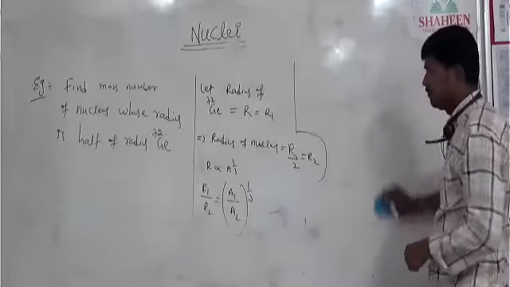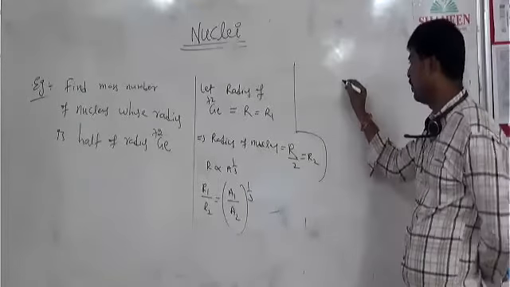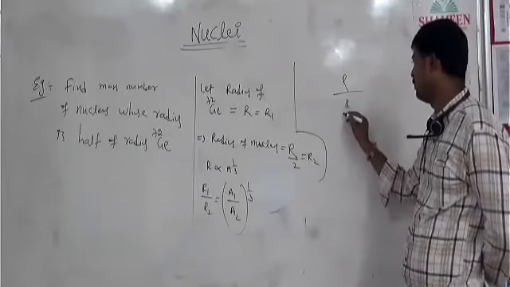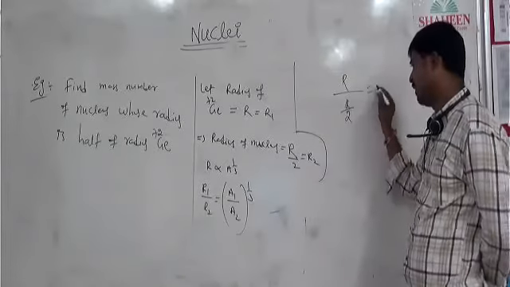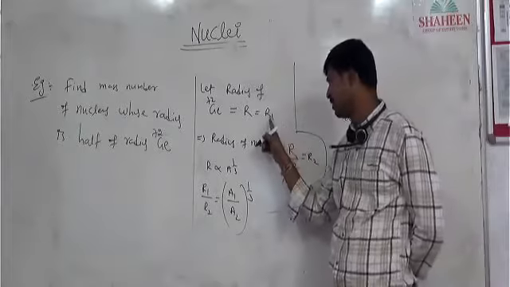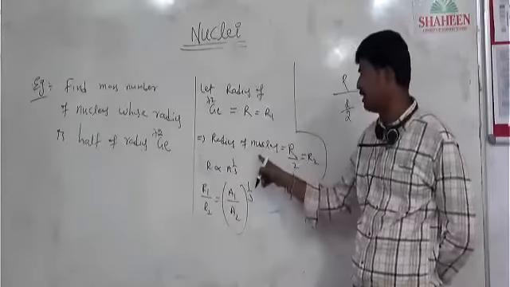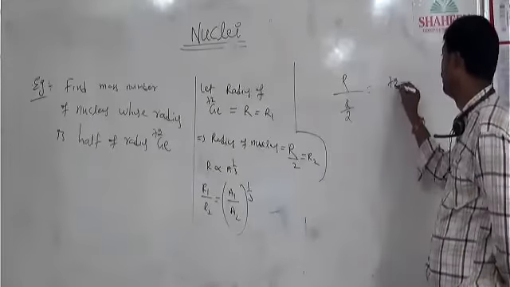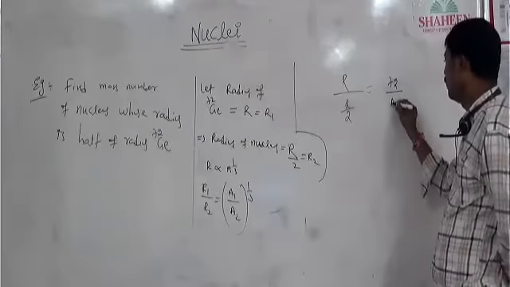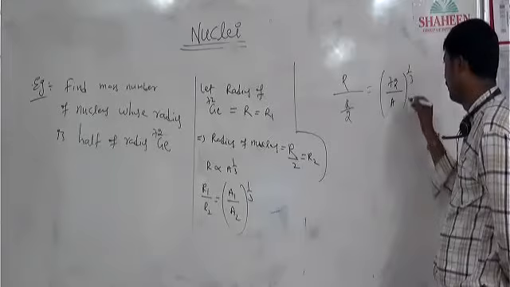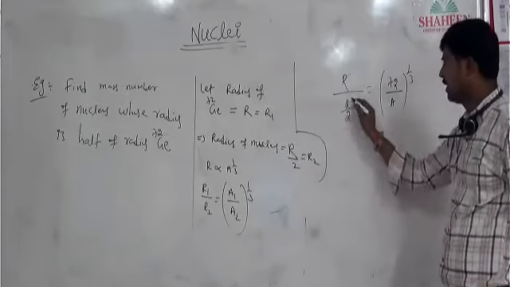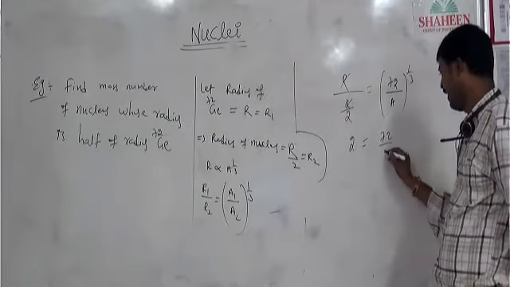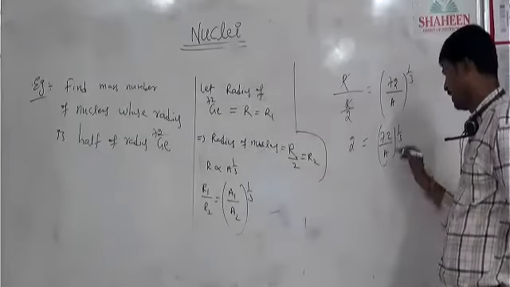So now I can write R1 is R, R2 is R by 2, that is equal to A1, where R1 we consider for germanium and R2 for the nucleus. So A1 means germanium 72, by A2, which we need to calculate, whole power 1 by 3. So the R will cancel, and 2 goes up. 2 is equal to 72 by A whole power 1 by 3, correct?